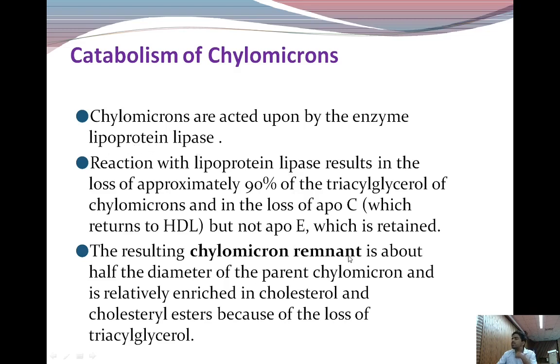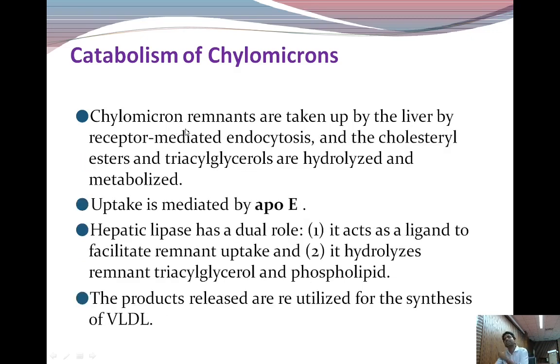This chylomicron remnant is much smaller, half the diameter of the parent chylomicron. Because triacylglycerol is reduced but cholesterol and cholesterol ester are not, it has relatively more cholesterol and cholesterol ester. This remnant will be taken up by the liver through receptor-mediated endocytosis, and the cholesterol ester and triacylglycerol are hydrolyzed and metabolized.